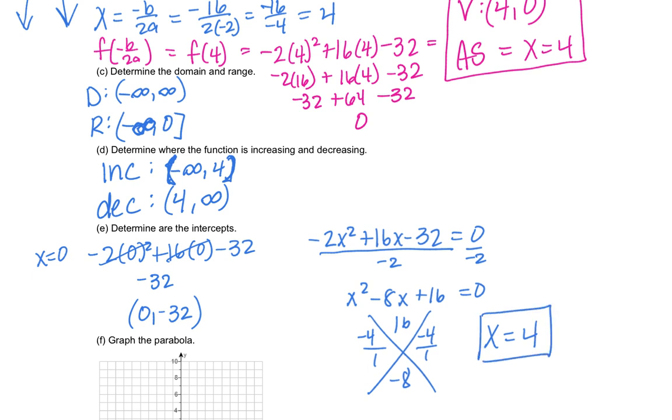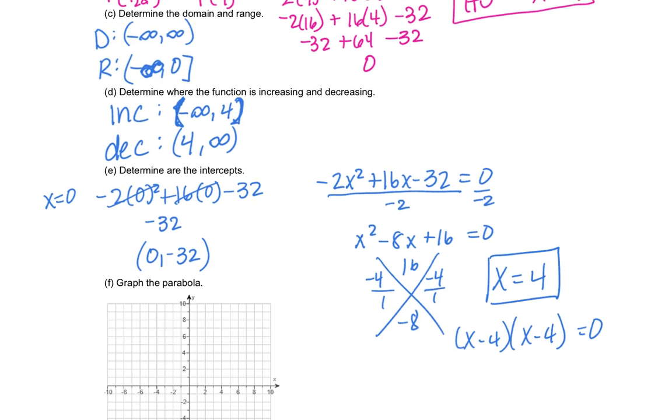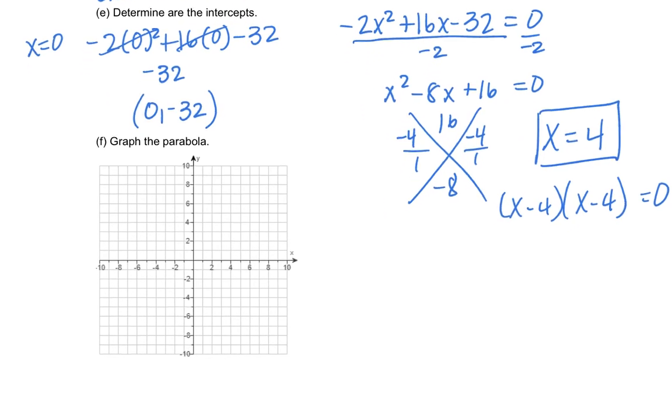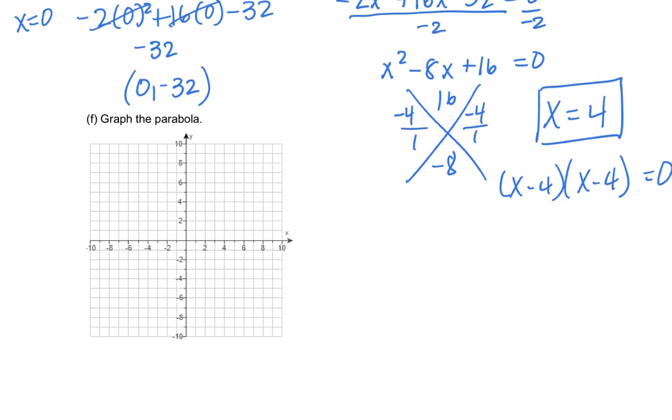There is only going to be one x-intercept this time, because you've got x minus 4 times x minus 4. So now when you try to graph it, it may be a little more difficult because you don't have enough points. So our axis of symmetry goes through the vertex, which is 4, 0.